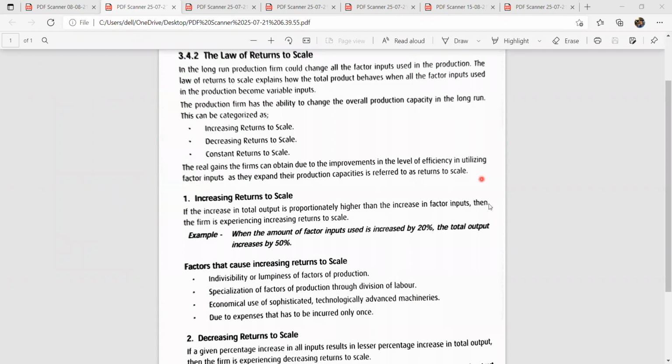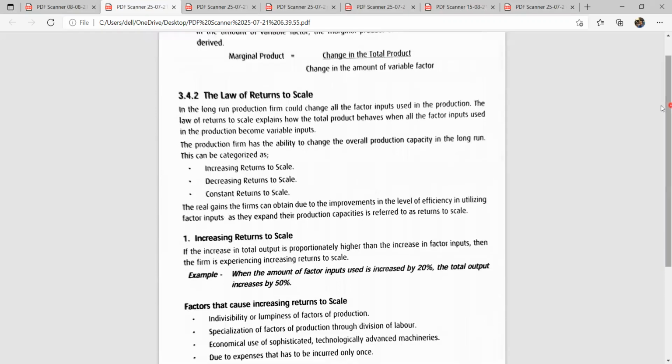Now we concentrate on long run production cost. In the long run, production cost depends upon the law of return to scale.